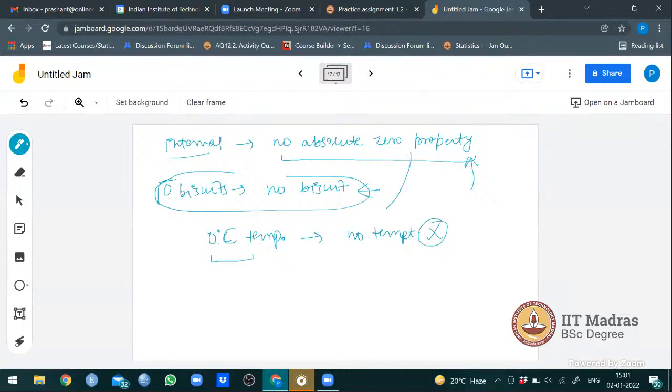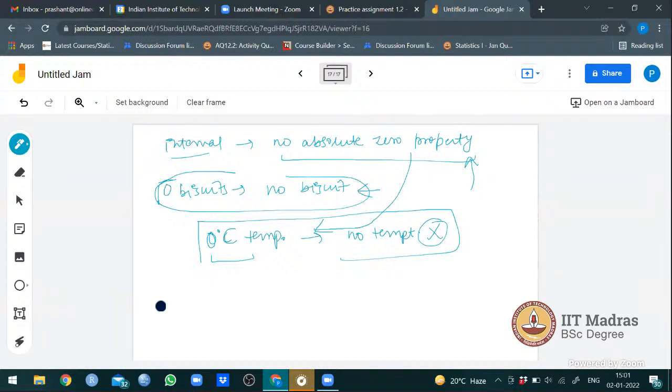So here the absolute zero property is absent, so it can take negative values. It doesn't mean that if there is no absolute zero it will always take negative values, but if it takes negative values, then it will be the interval scale because the absolute zero property is absent.